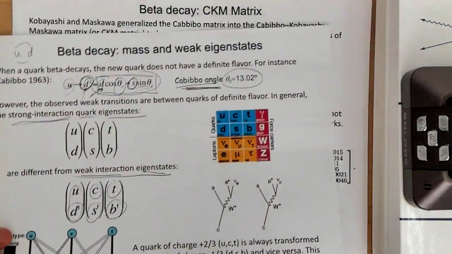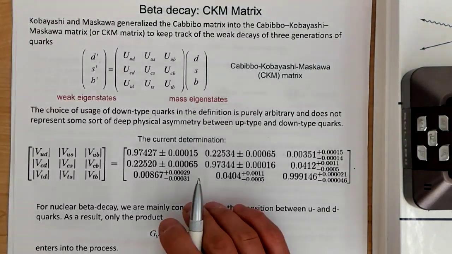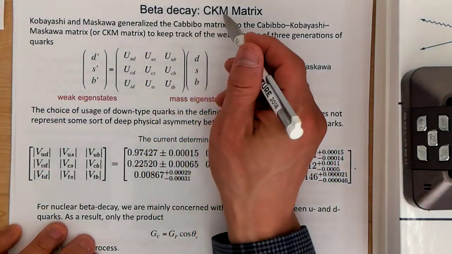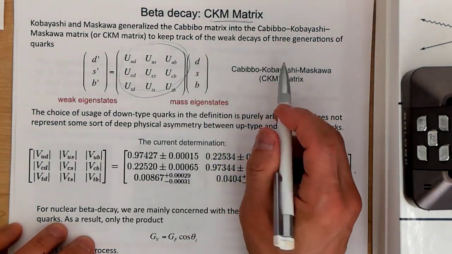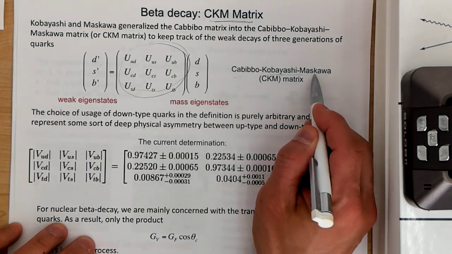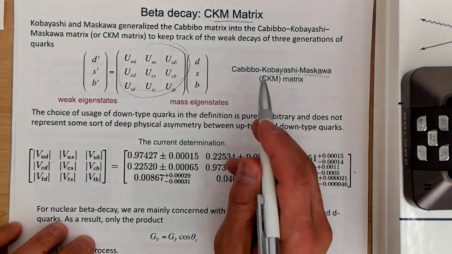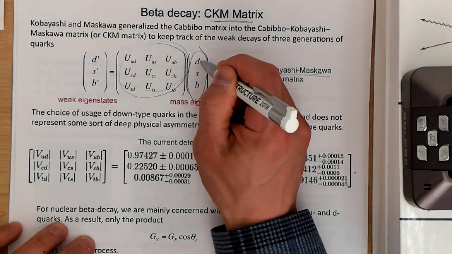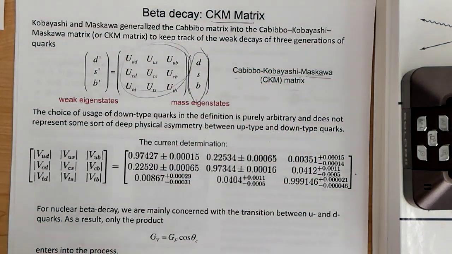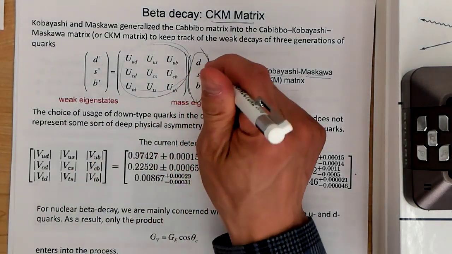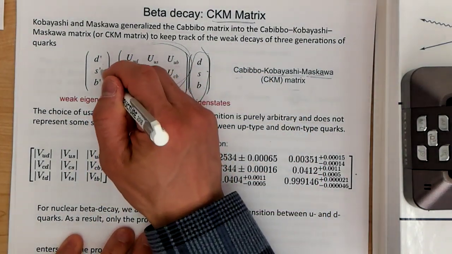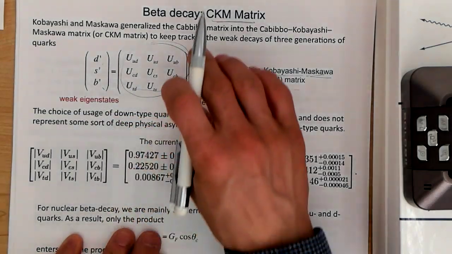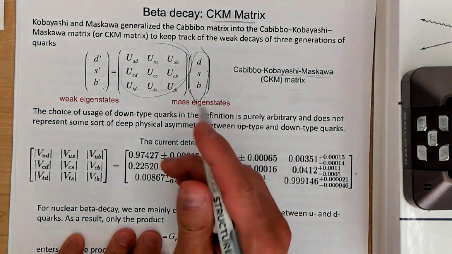So there's a little bit of mixture, and the generalization of this mixing to a 3x3 matrix is what's called the Cabibbo-Kobayashi-Maskawa matrix. Okay, where we have these mass eigenstates, things that have well-defined mass. They would propagate, and you could say this guy has this mass, this guy has this mass, this guy has this mass. But the states that couple through the weak interactions are mixtures of these mass eigenstates.